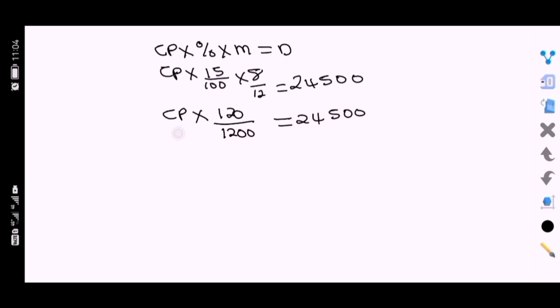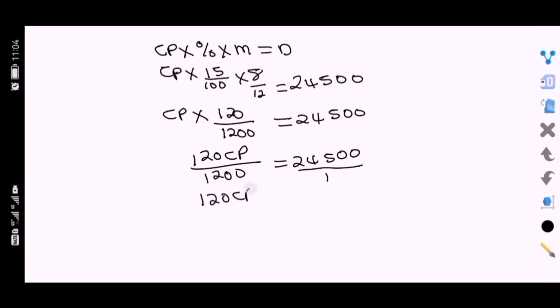So 120 CP over 1,200 is equal to 24,500. And then here is obviously over 1, so we cross multiply. 120 multiplied by 1 gives 120 CP, is equal to 24,500 multiplied by 1,200.